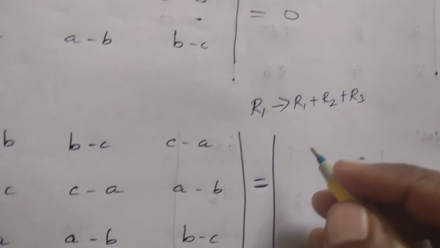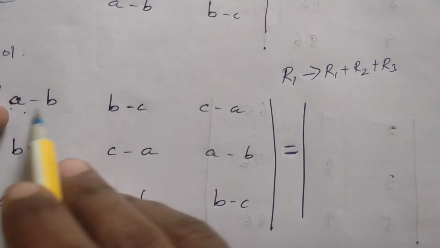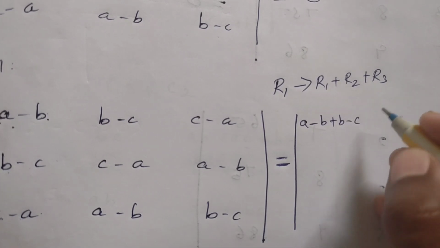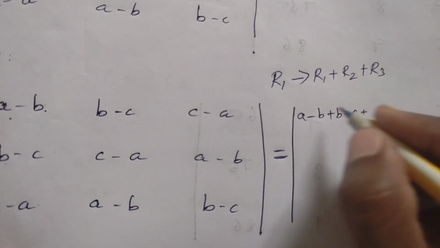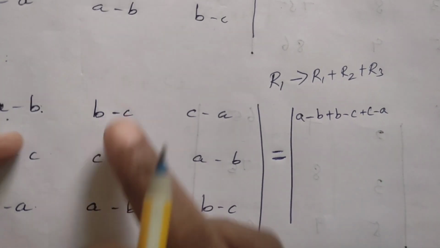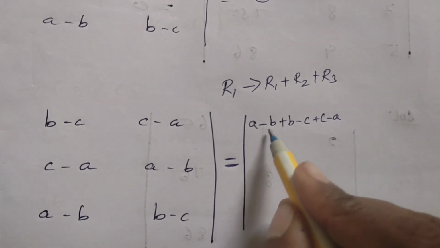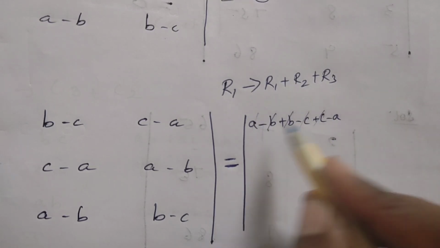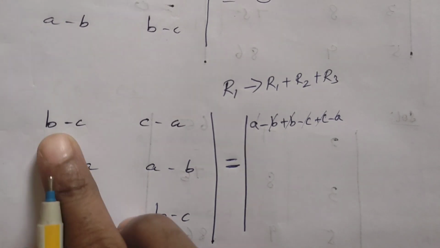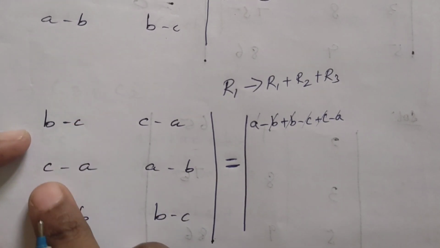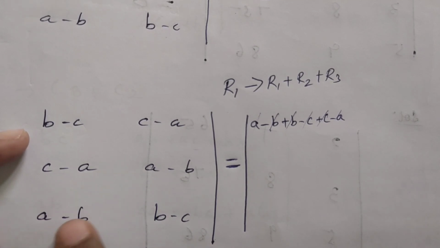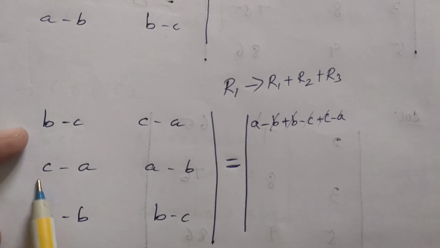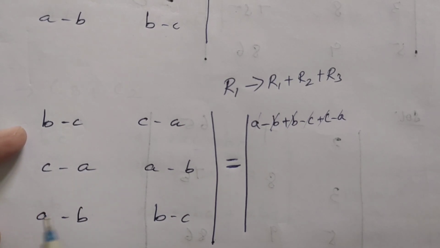So when I do so, what happens? A minus b plus b minus c plus c minus a. So it will get cancelled. Minus b plus b, minus c plus c, a minus a will get cancelled. The second term also, b minus c plus c minus a plus a minus b: b minus b will get cancelled, minus c plus c will get cancelled, minus a plus a will get cancelled.